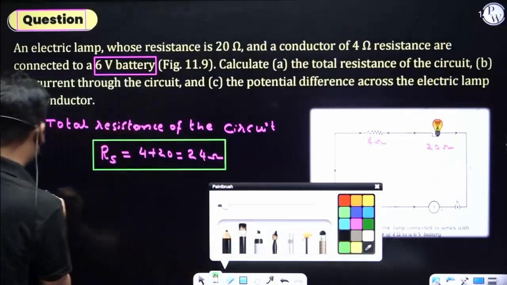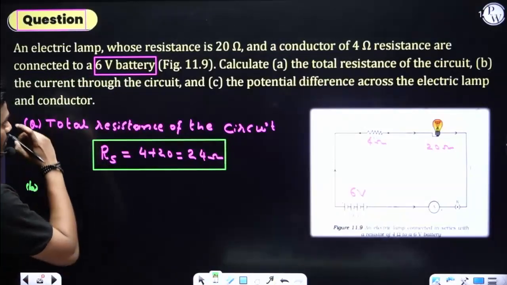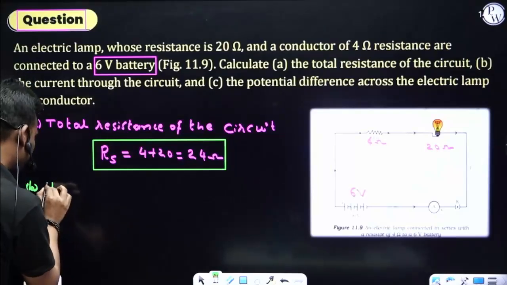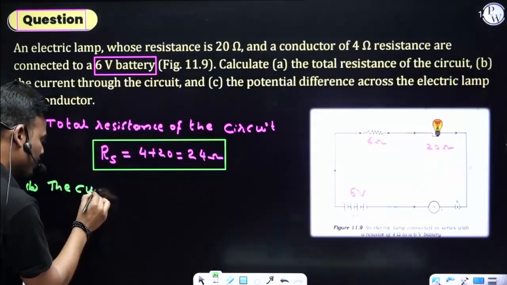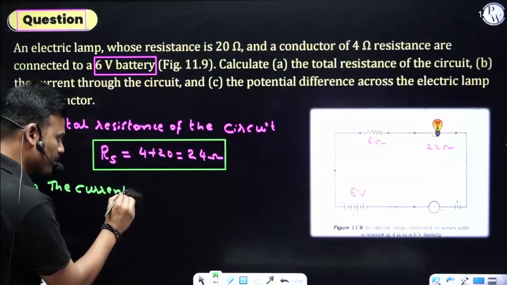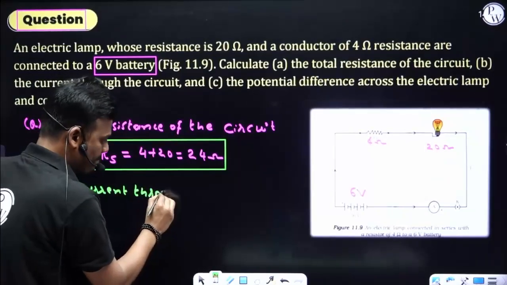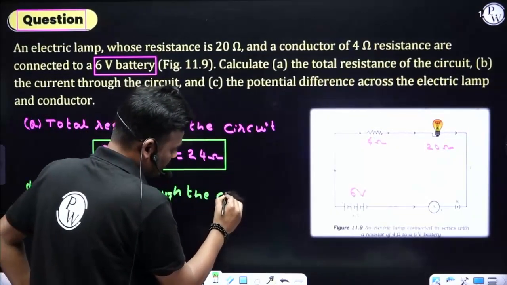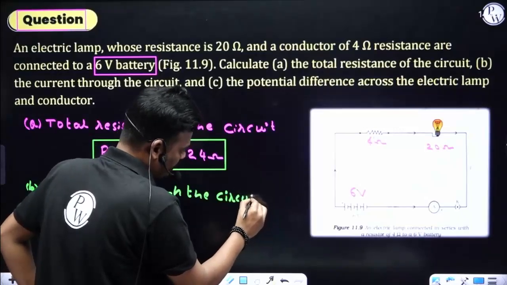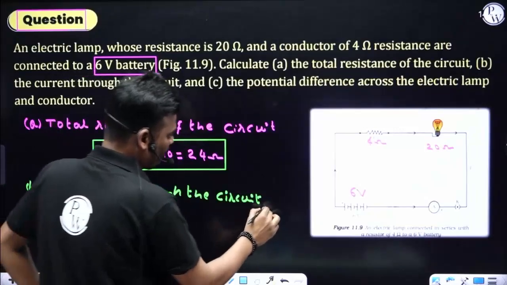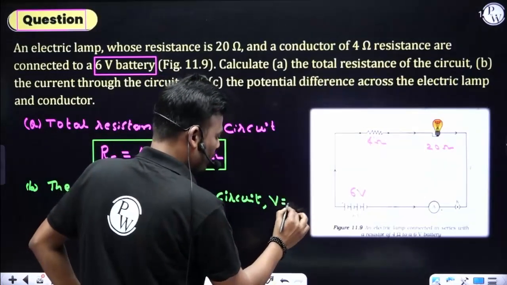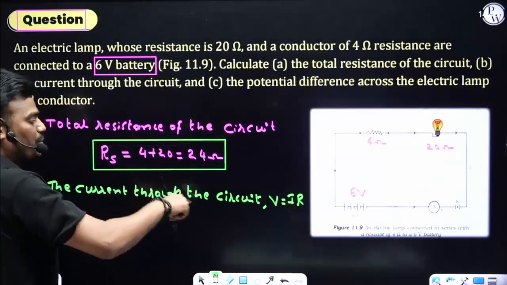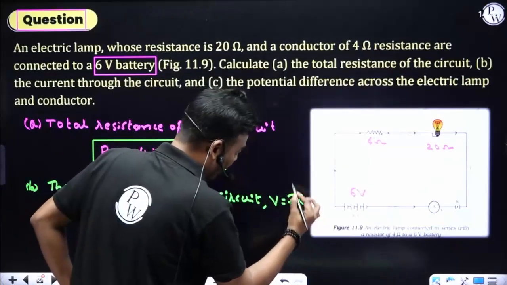Now, the next question, B: the current through the circuit. According to Ohm's law, V equals I into R, but here we are using total resistance, therefore Rs.